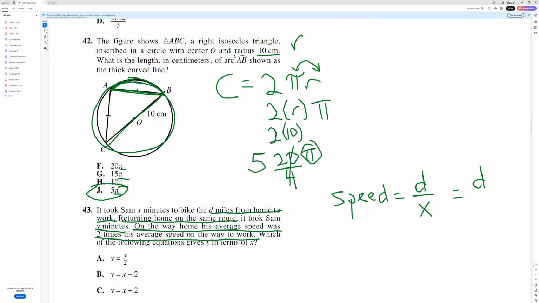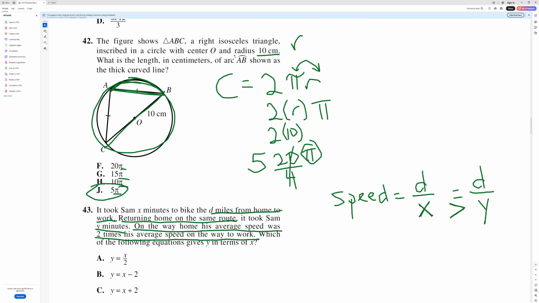So he was coming faster, which means that the trip to work took longer. So Y has to be a smaller number of minutes because he did it faster.